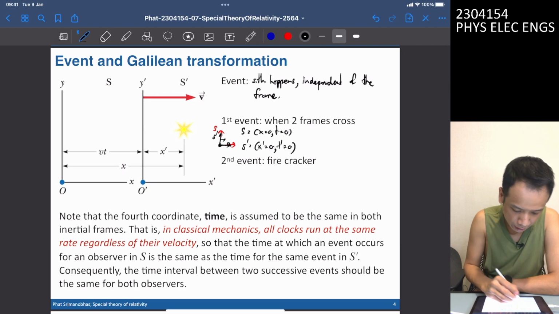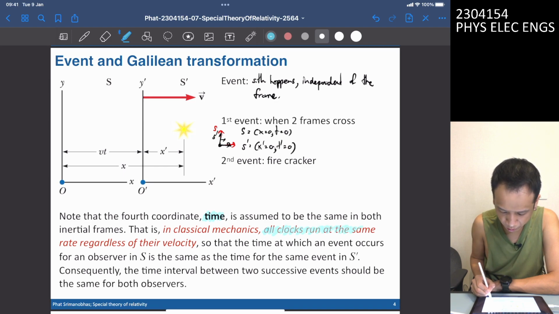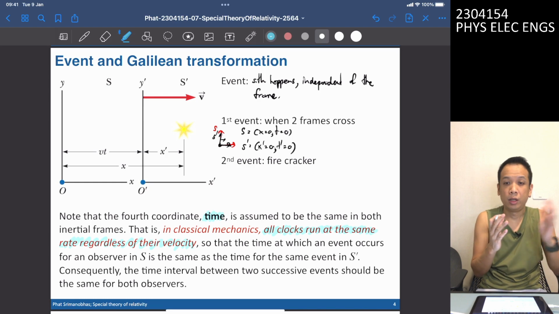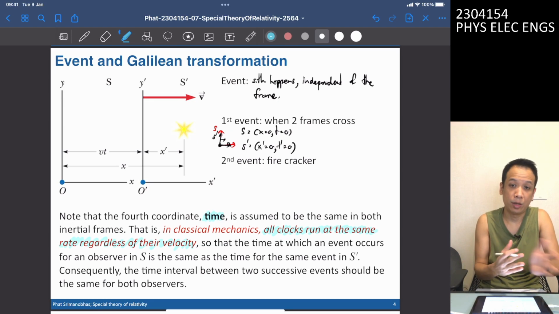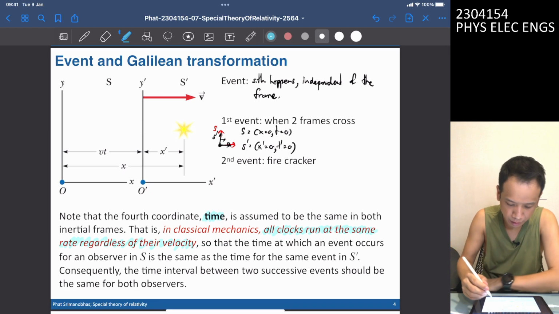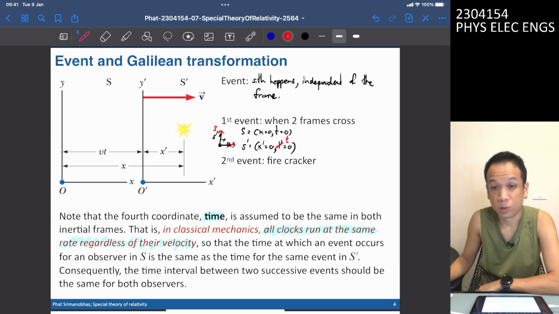However, in classical mechanics, when we are talking about time, we have the statement that all clocks run at the same rate, regardless of their velocities. So the clock of the observer in the S frame is the same as the clock of the observer in the S prime frame. There is no difference. You can use the time to describe the clock in another frame. So in this case t prime is equal to t.